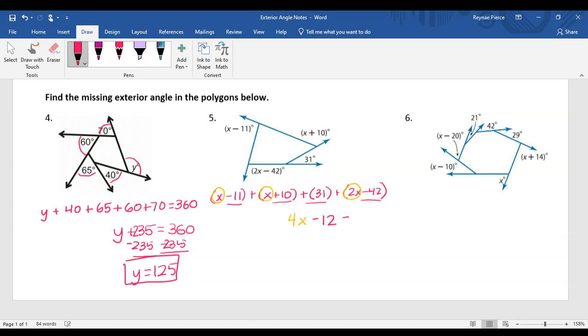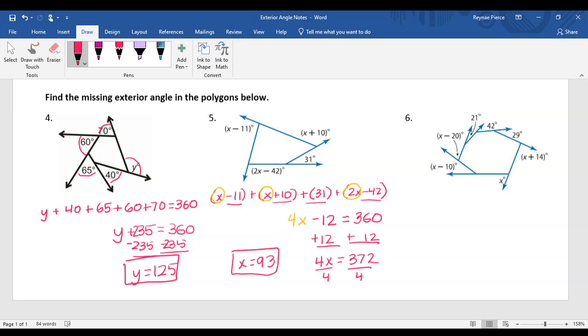That gives me a negative 12, or a minus 12. But again, that sum still equals 360. Add 12 to both sides. And then 372 divided by 4 tells me that x is 93 for this second example.